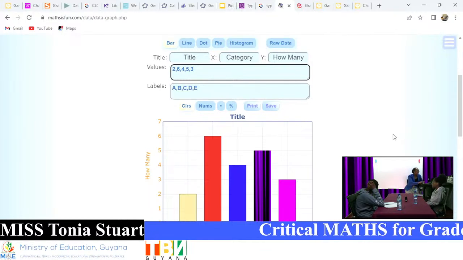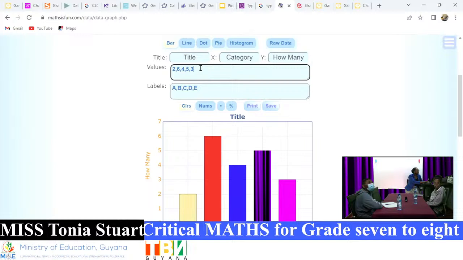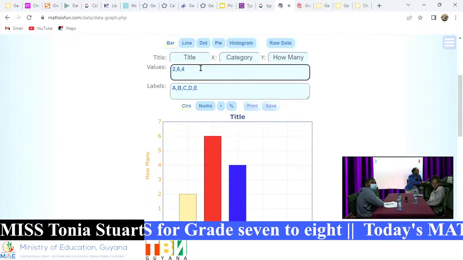Good. Now look at this. If I change my figures, you see the bars go missing? Yes.